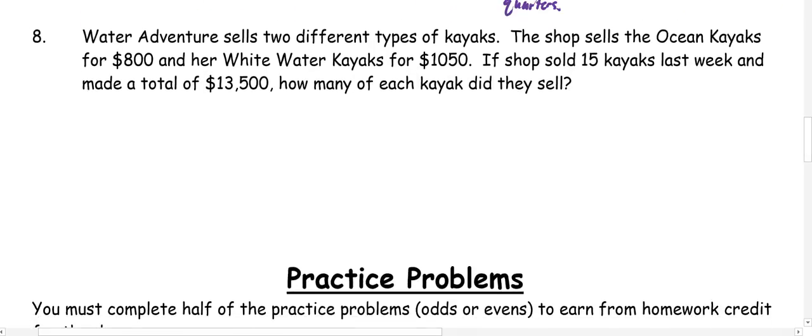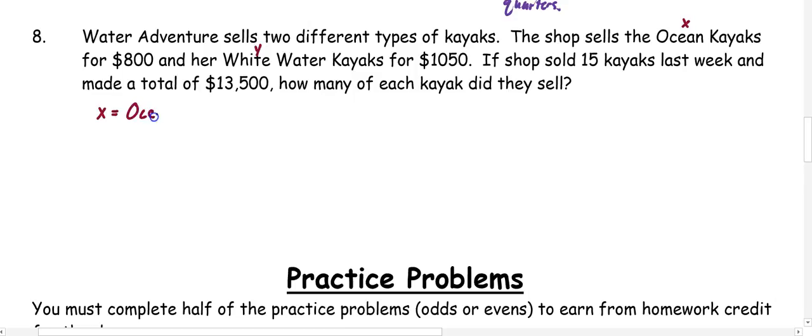Water Adventure sells two types of kayaks. They sell ocean kayaks for $800 and whitewater kayaks for $1,050. If the shop sold 15 kayaks last week for a total of $13,500, how many of each kayak did they sell? All right, so I don't want to use O for oceans because it's kind of confusing to know if it's O or 0. So I'm going to use X for ocean and Y for whitewater.